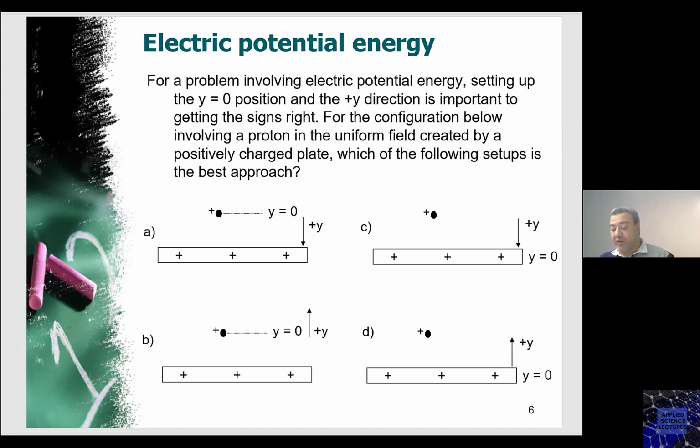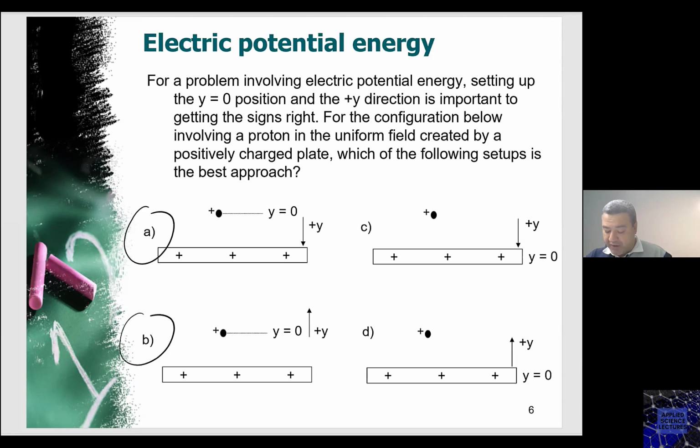Which of the following setups is the best approach? For the positively charged plate, the location of the charge should be my reference 0. So it will be either this or this.